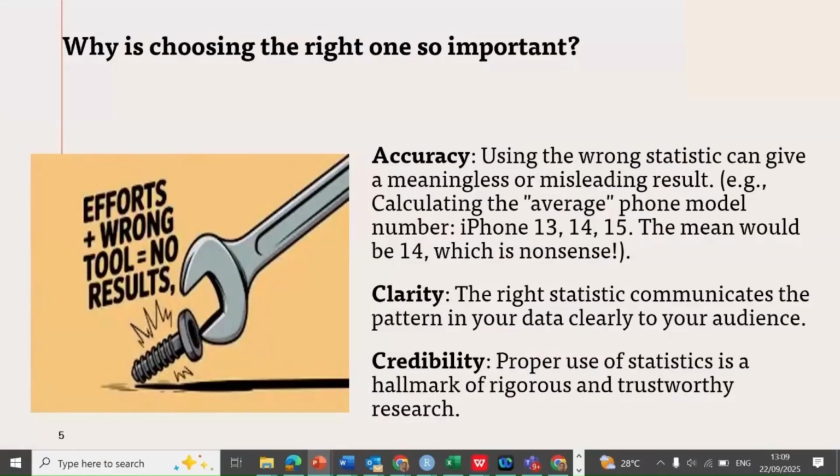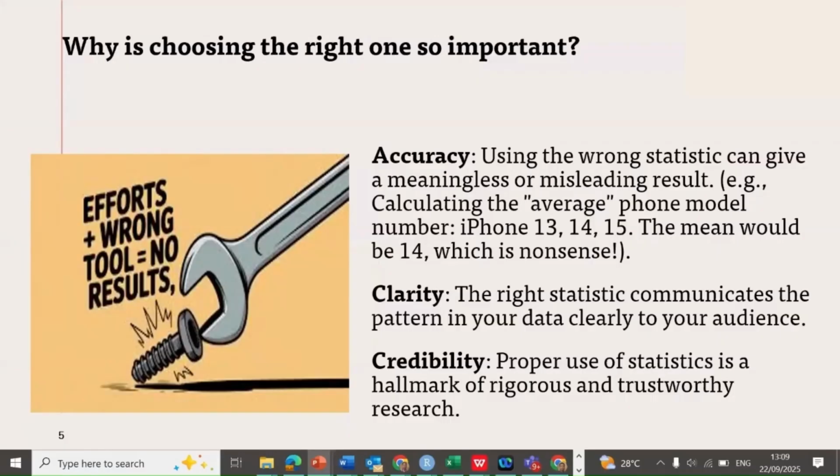Now, why is choosing the right statistic important? It is important to choose the right statistic for the right kind of data, because you need to be accurate in your description. Using the wrong statistic can give a meaningless or misleading result.